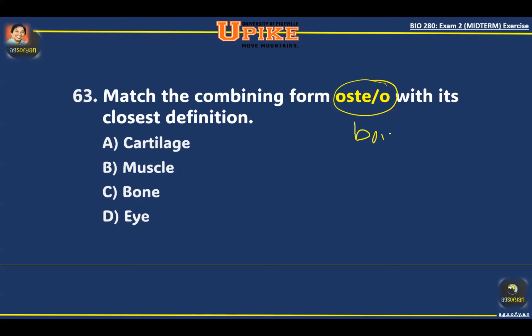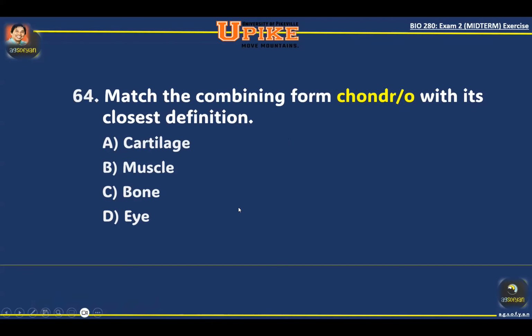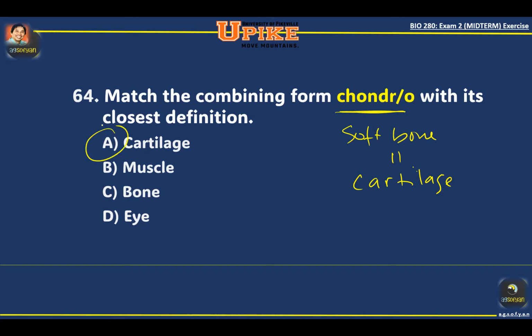Osteo means bone. Now how about chondro? Chondro is a soft bone, also known as cartilage. So chondro means cartilage.